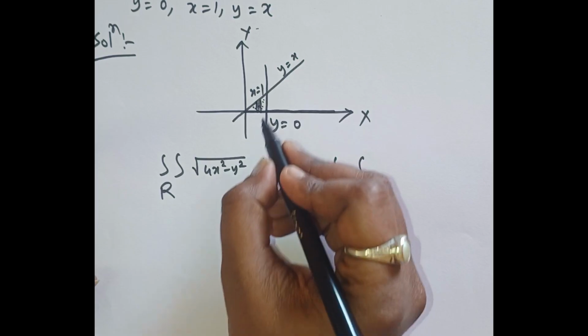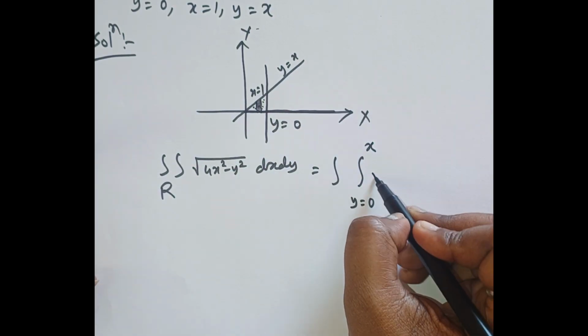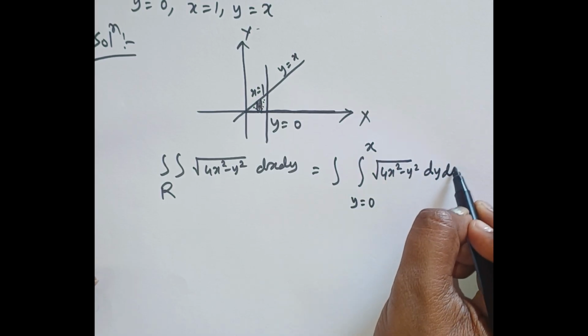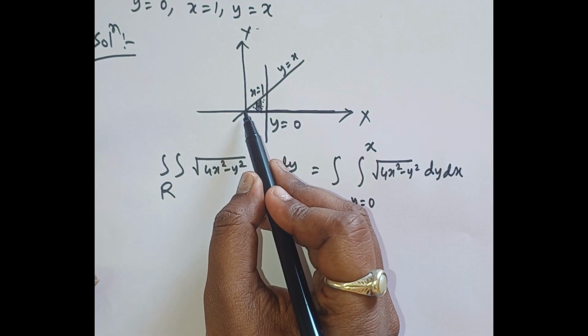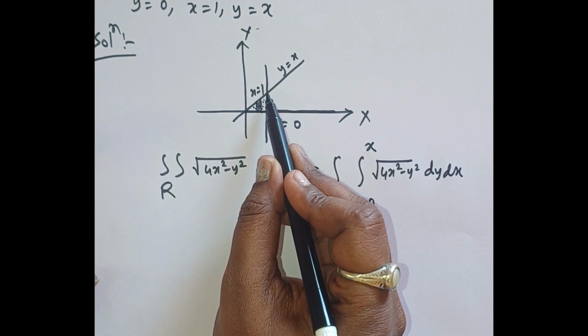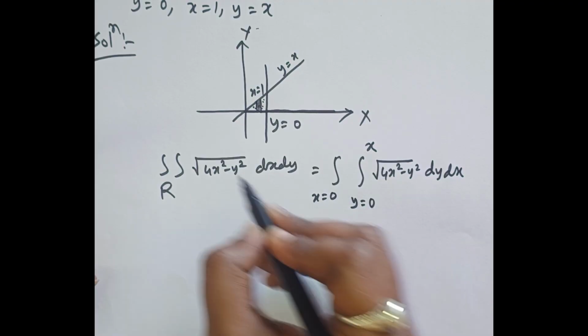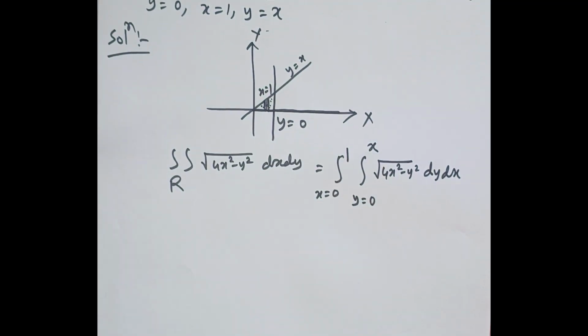So the lower curve which is touched by the strip is the lower limit, and the upper curve is y equal to x here. So 4x square minus y square dy dx. And then the limits for x: at the left end the value of x is 0, and at the right end the value of x is equal to 1. So limits for x are 0 to 1.